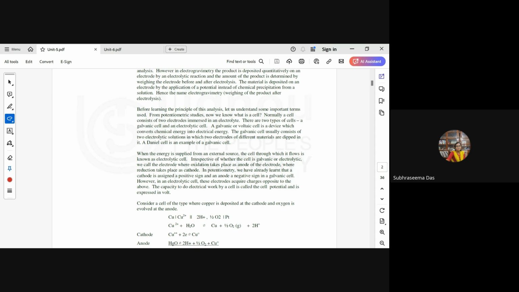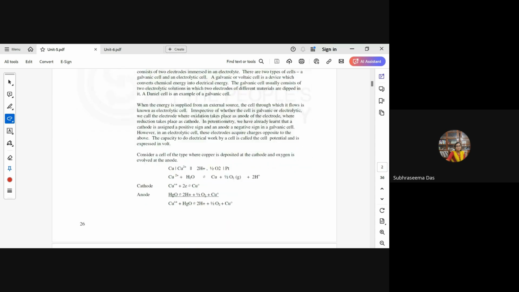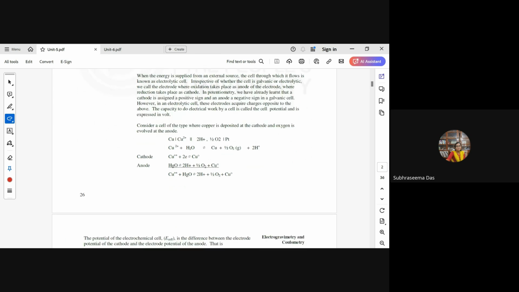Suppose here an example is given when we consider a cell where copper is deposited at the cathode and oxygen is evolved at the anode. As you can see from the overall reaction, here it is given that Cu gets converted to Cu2+. This double vertical line indicates a salt bridge.